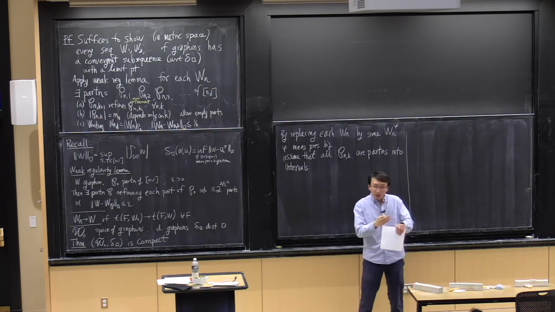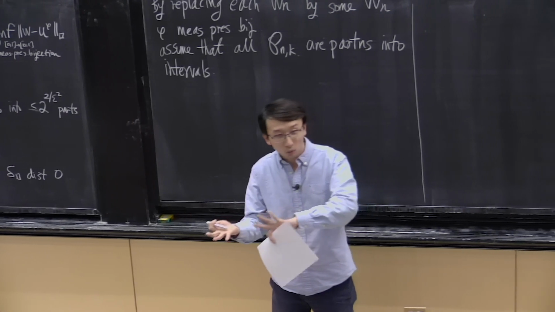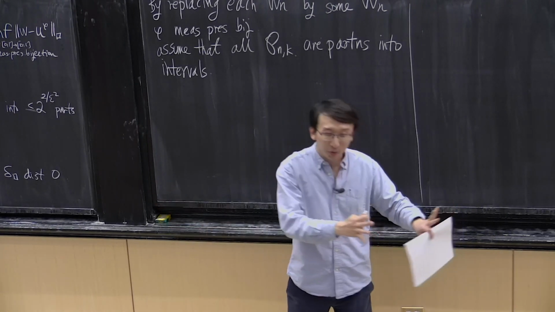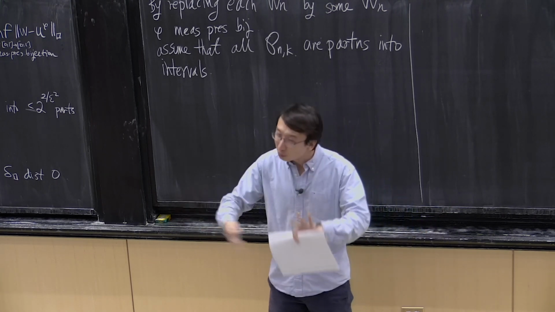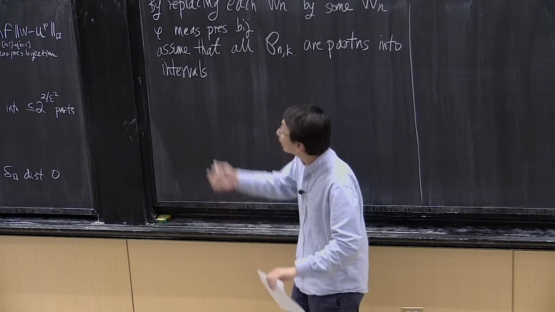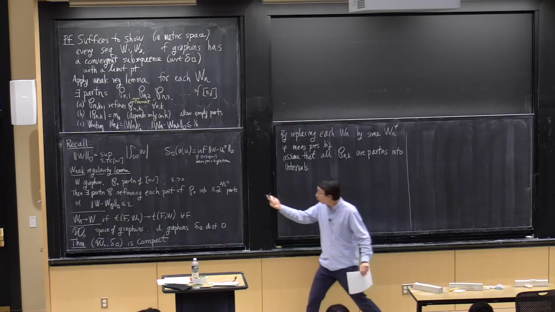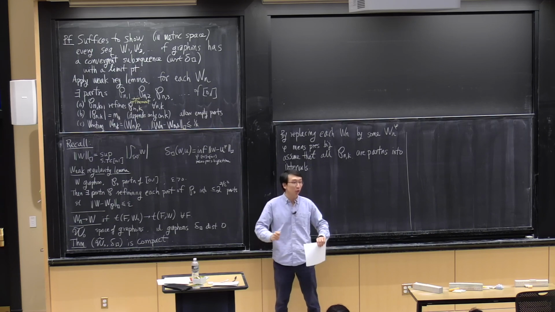Initially, you might have a partition into arbitrary measurable sets. Well, what I can do is to push the first set to the left, and so on. So do a measure preserving bijection in a way so that I can maintain that all the partitions are visually chopping up into intervals.